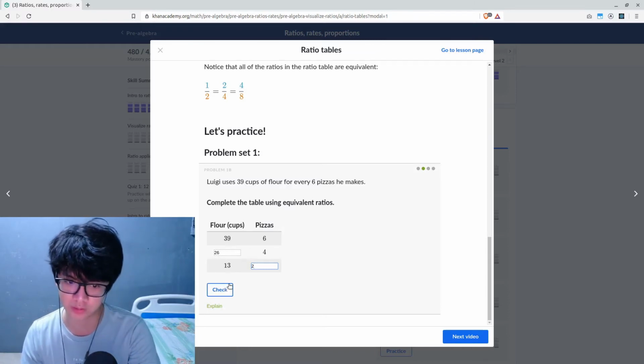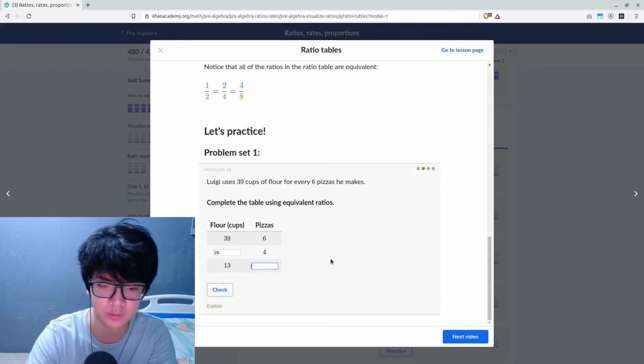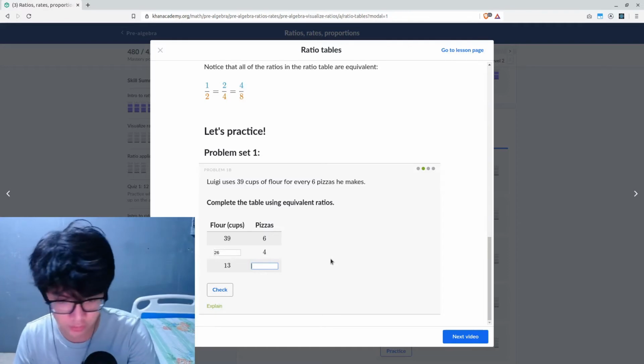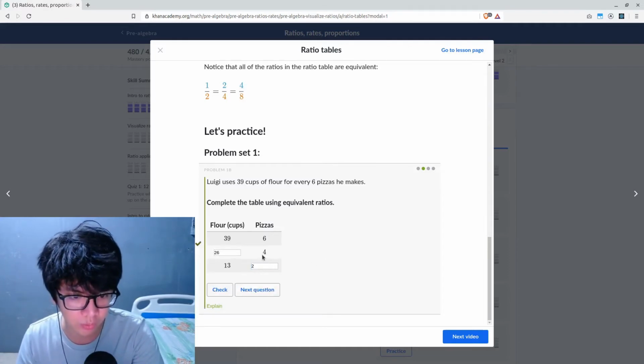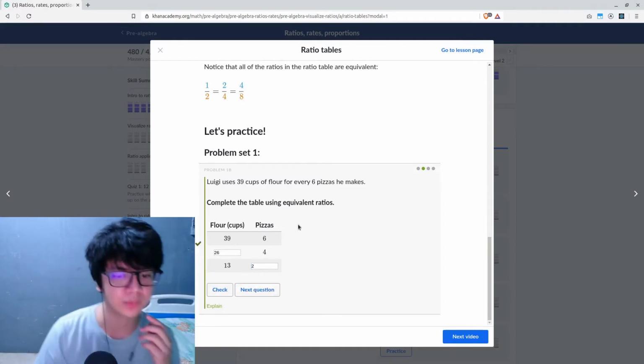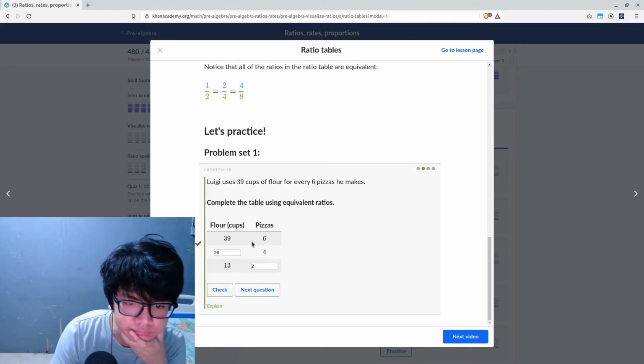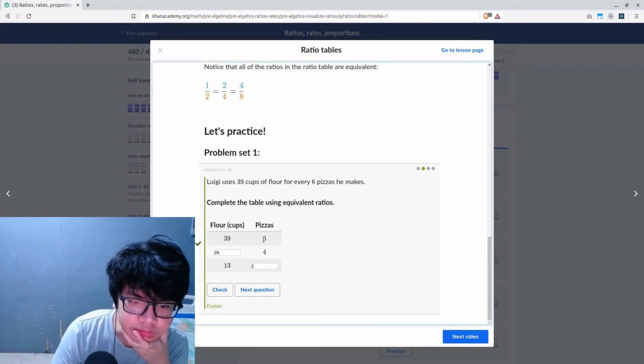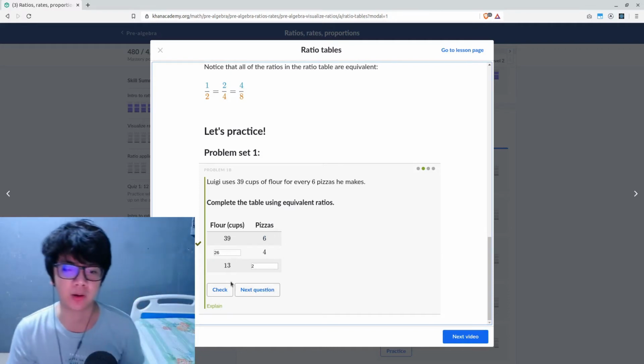Would this be correct? No, actually not. Yeah, it does look like it. Wow, okay. Wow, cool. It really is 6.5 per 1.